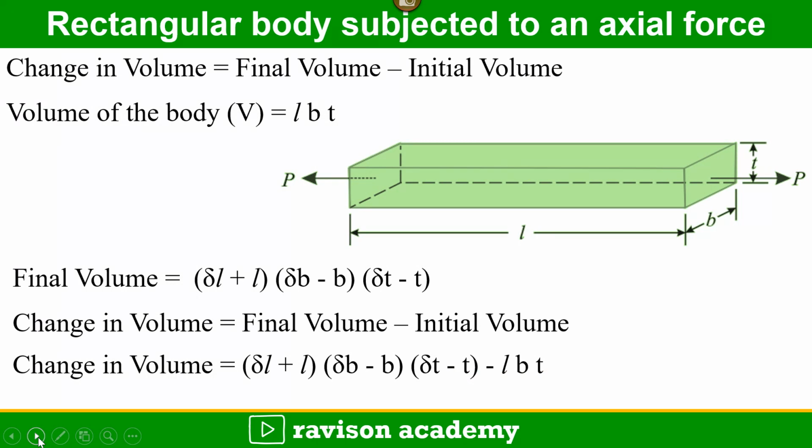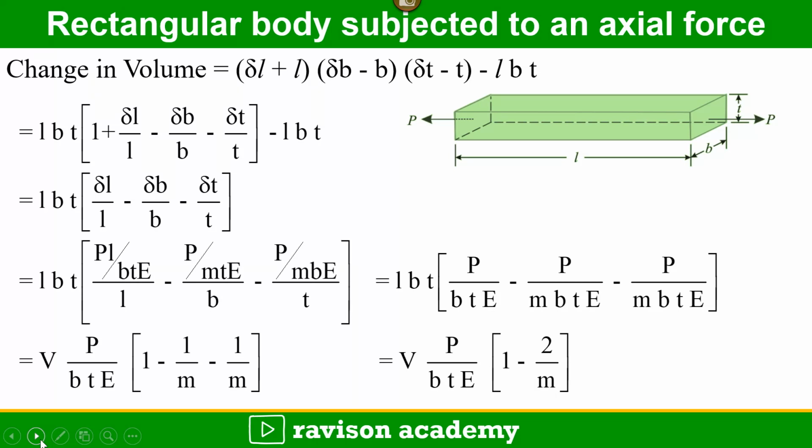So the change in volume is equal to final volume minus initial volume. We know the volume of the body is length into breadth into thickness. The final volume is L plus del L into B minus del B into T minus del T. So the change in volume is L plus del L into B minus del B into T minus del T minus L into B into T, which is LBT into 1 plus del L by L minus del B by B minus del T by T minus LBT.